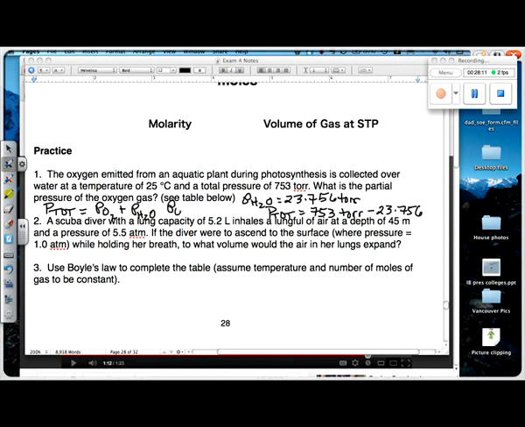So pressure of oxygen is 729.24 torr. All right, so anytime you need to use Dalton's law of partial pressures, you're going to add them up. They add up to the total pressure.